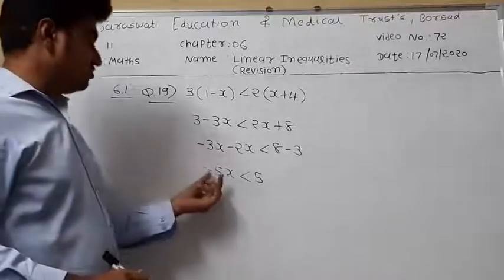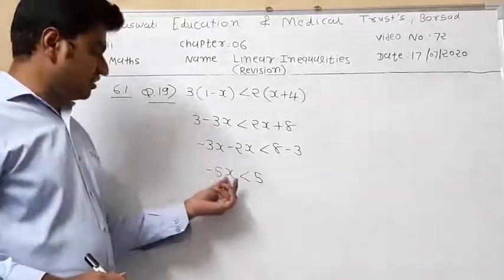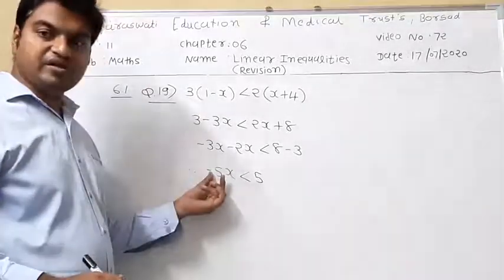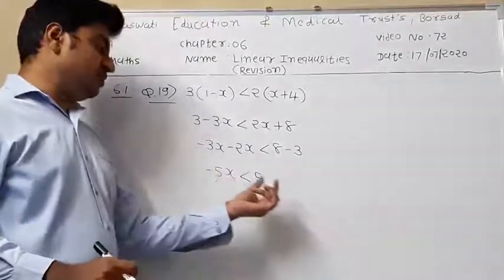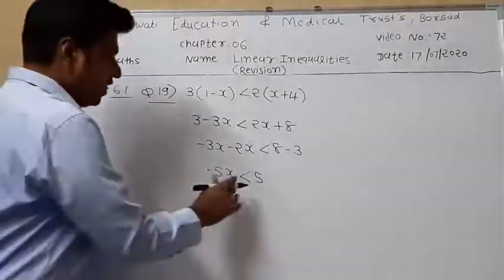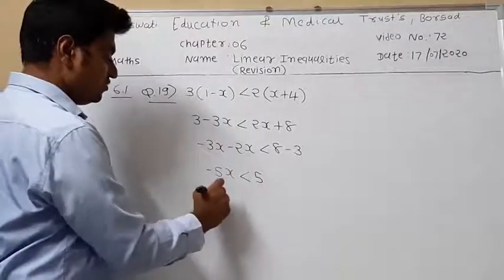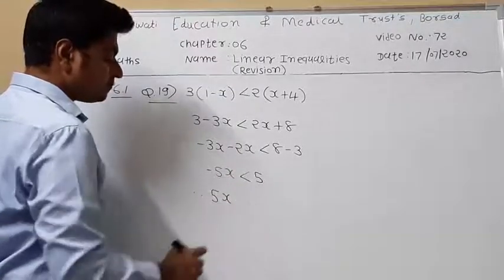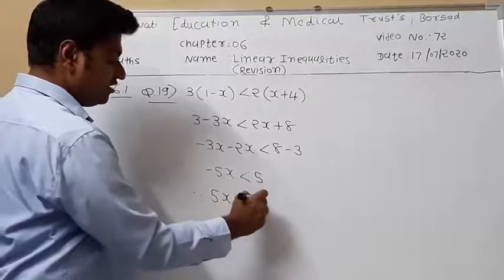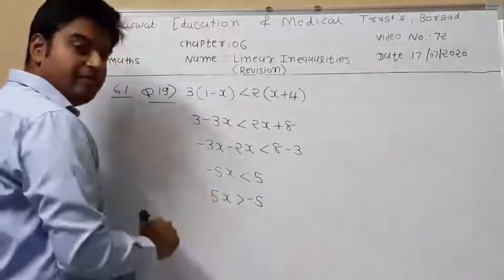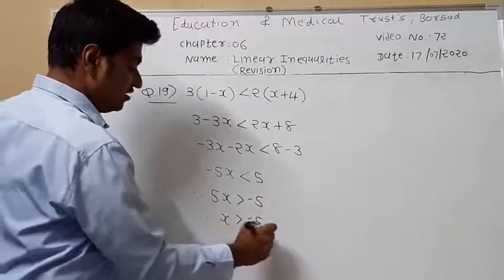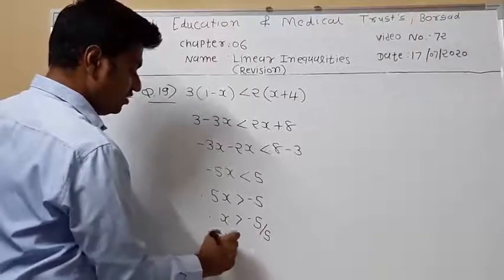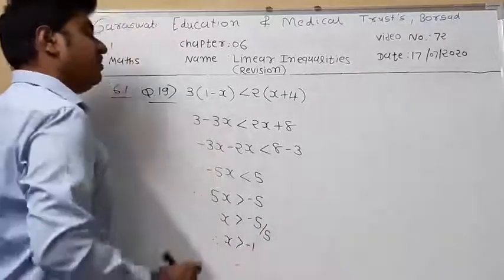Now a minus sign is present outside the variable x. So to remove this minus sign, multiply both sides by minus, and less than becomes greater than. So 5x greater than minus 5. Now divide, so x greater than minus 5 divided by 5, that means x greater than minus 1.